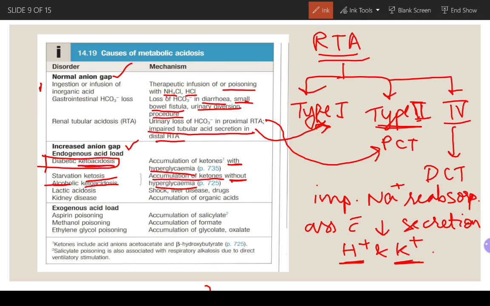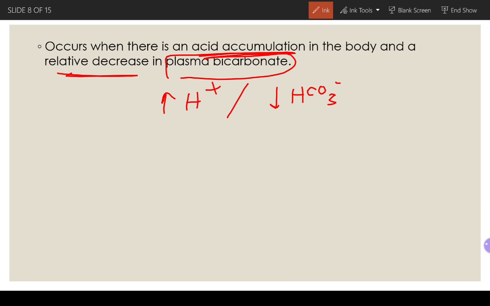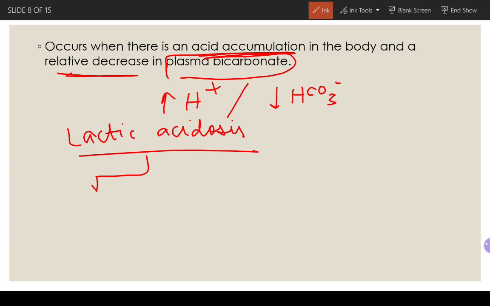And another type will be lactic acidosis. So in lactic acidosis, let me just write it down here. Lactic acidosis has two mechanisms. One is due to increased production of lactate.